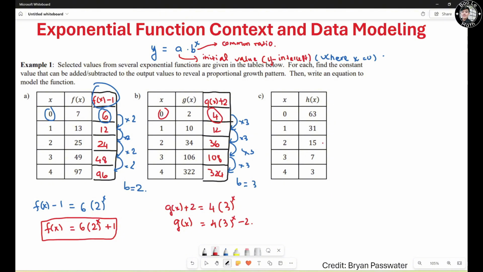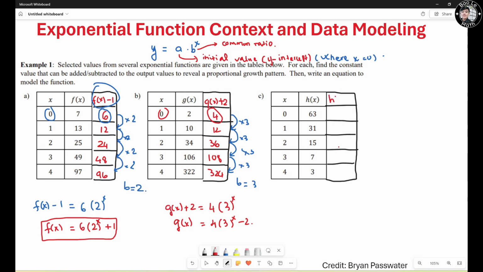Now let's take a look at the last one. We see that there is no pattern among these outputs, so in order to create a pattern, we need to create a new column. What if we add 1 to each output to see what happens?